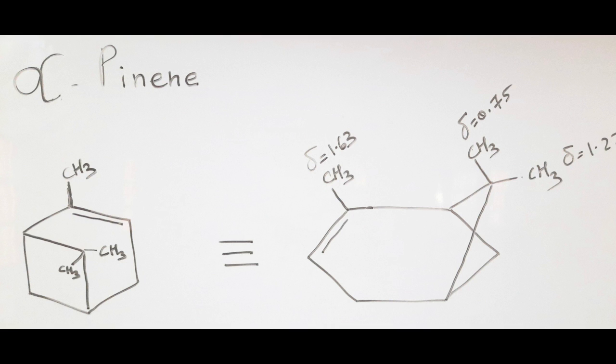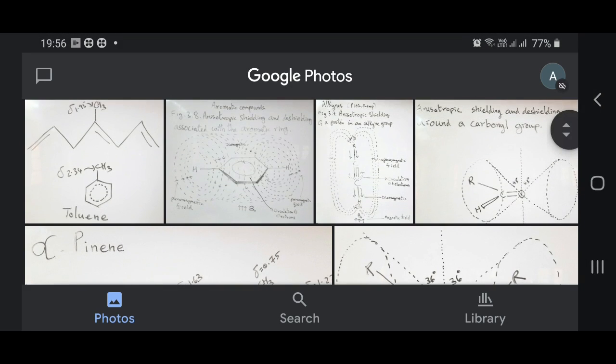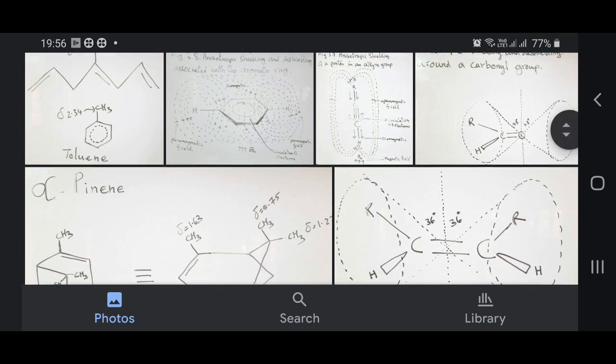So this is one classic example of the shielding and de-shielding effect, the paramagnetic and diamagnetic effect, operating due to the circulation of pi electrons in a molecule containing a carbon-carbon double bond. Based on this, questions will be asked in the examination.